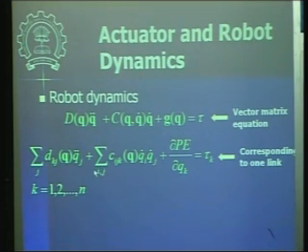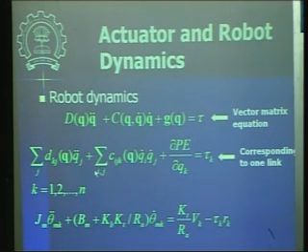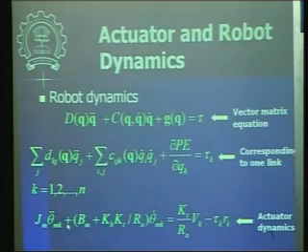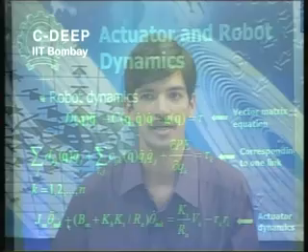Okay, now we have to combine this with the motor dynamics. These are the equations of motor dynamics as we have just derived. So this is the actuator dynamics. Now this can be the equation of any other actuator also, whatever actuator is there in the particular robot that you are considering.